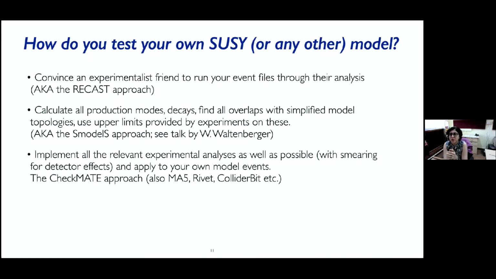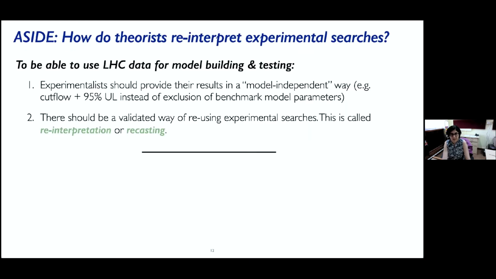And then you have this sort of skeleton which can be used by whoever wants to rerun their own model through. So this is the approach of CheckMATE, and there are a few other codes also on the market that use a similar philosophy. And the advantage of this is that it relies only on kinematical cuts and so on, so it is as model independent as it is possible to be.